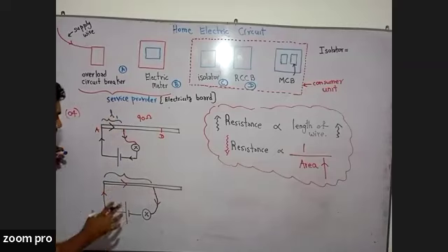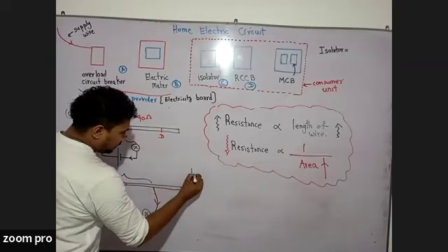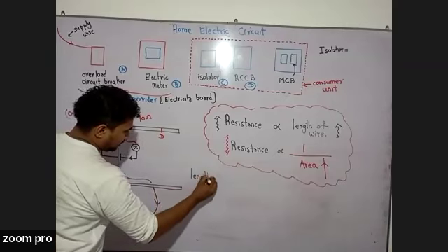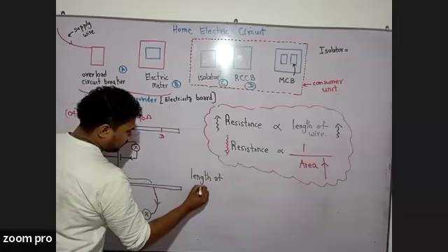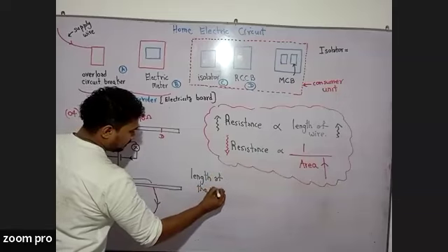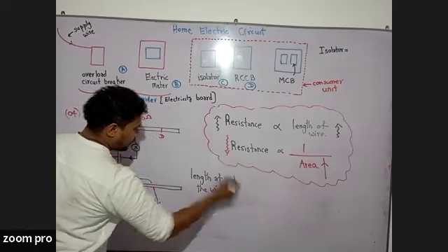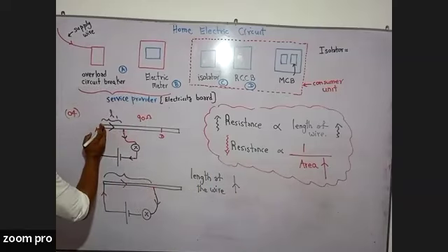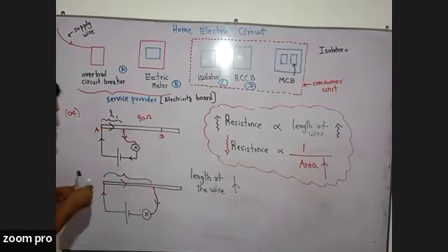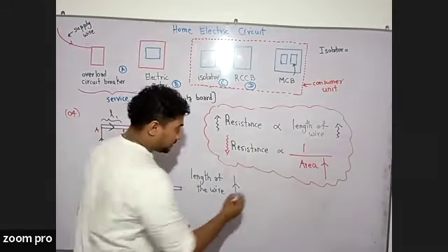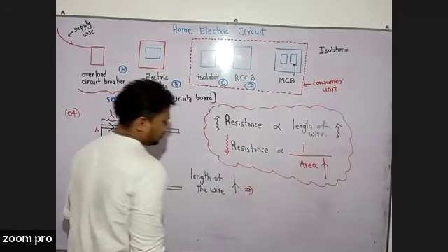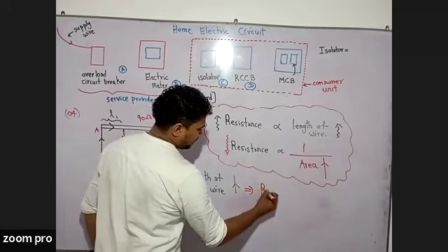So obviously the length of the wire has increased when the pointer moved from A to D, right? So as a result, what happens to the resistance?